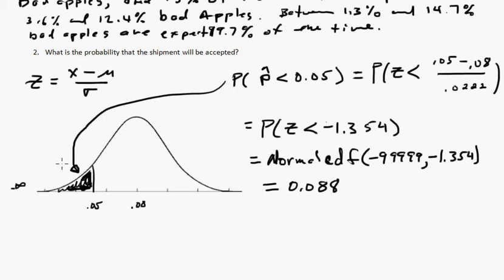Okay, so this area is 0.088. The corresponding z value right here is negative 1.354. So that makes sense, that we're one and a little more standard deviations away from the mean.